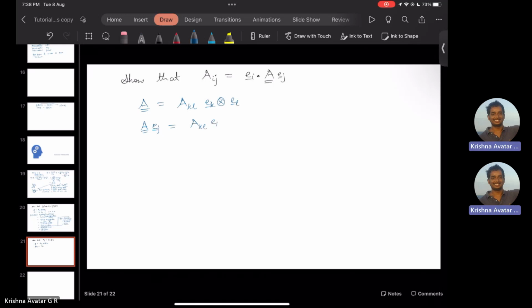So this gives us A_kl e_k e_l acting on e_j. Now we'll use that property here. We'll have A_kl e_k and e_l dot e_j, and this becomes delta_lj.